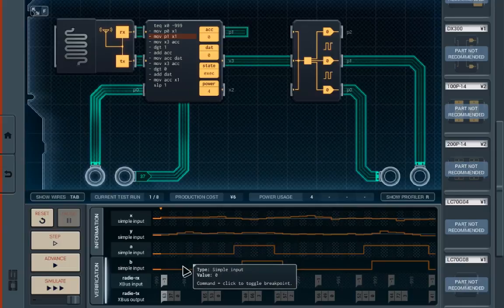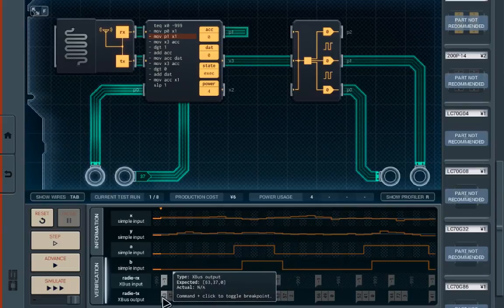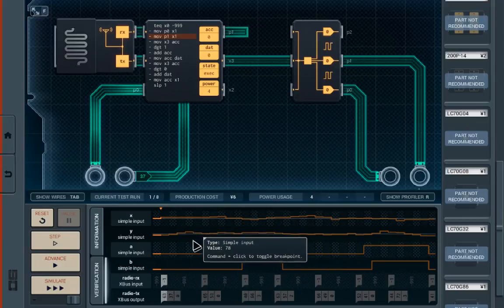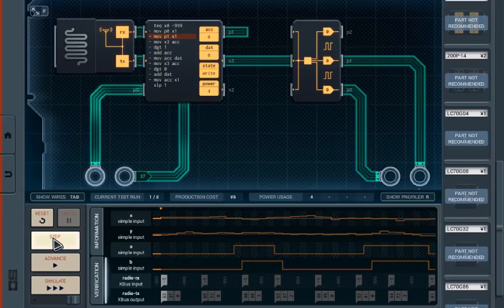Down here, what's the expected output? Expected 63.37.0. And we don't yet have a full output, so it's not telling us whether we're right or wrong. Looks like the 63 lit up though, so maybe that means it's good. Step. And we're sending P1 to X1. Yeah, so these are lighting up, meaning we got them right.